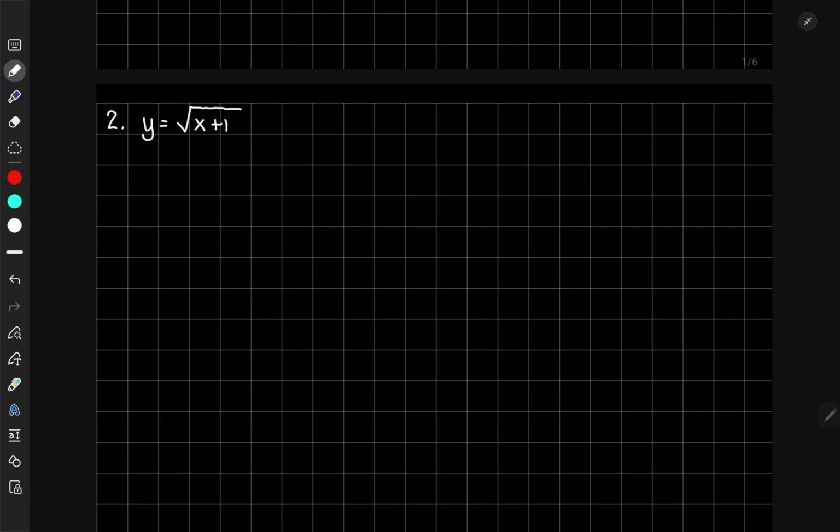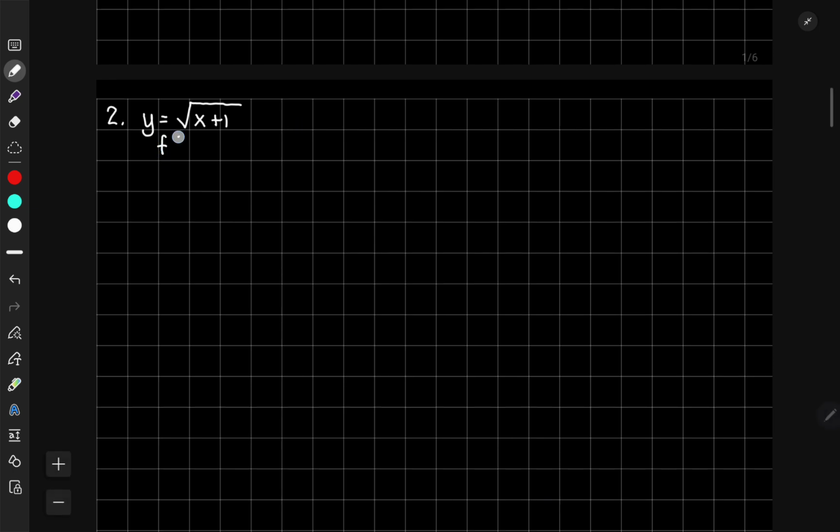So for number 2, we have the function y is equal to the square root of x plus 1. So this is also your f of x. So that is also equal to square root of x plus 1. So yung f of x plus h natin would be equal to the square root of x plus h plus 1.